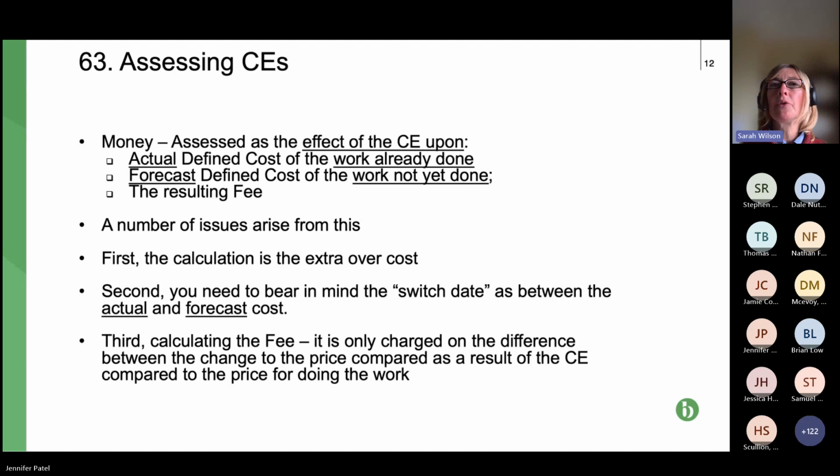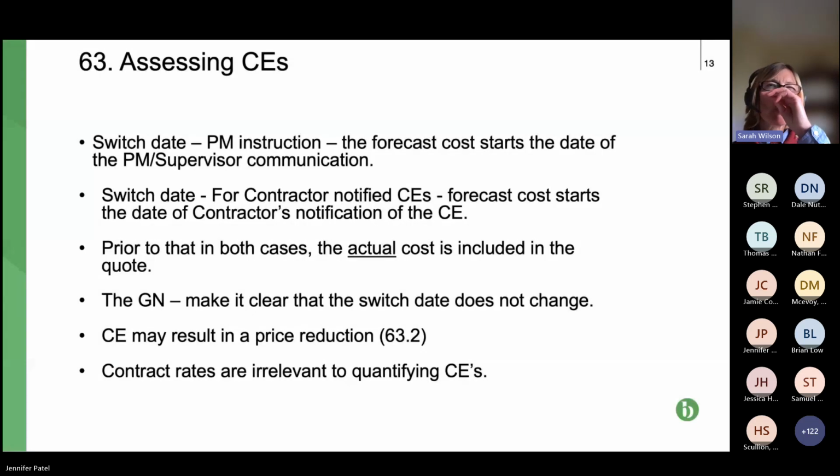So we're looking at the actual cost of the work already done and the forecast work for the work not yet done. Now that makes sense, but it's not quite that. So if we can move on to the next slide, just to talk about the switch date, because we had a lot of controversy about this, probably about 5-6 years ago. It seems to have calmed down since then, but we have different switch dates basically.